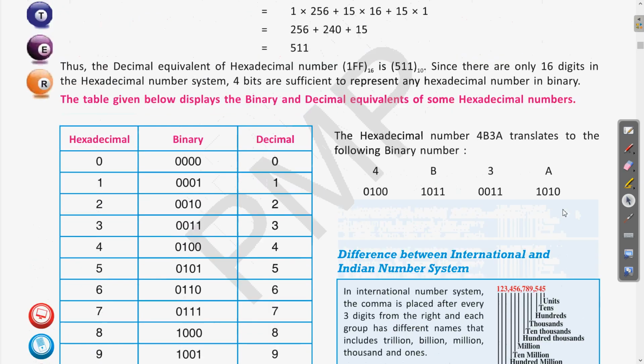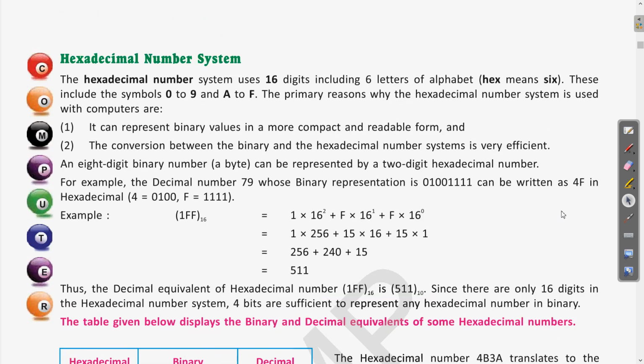Okay, now see how in the hexadecimal we are representing things. Okay, so read it also. It can represent binary values in a more compact and readable form, and the conversion between binary and hexadecimal number system is very efficient. An 8-bit binary number, a byte, can be represented by a 2-digit hexadecimal number. What does it mean?